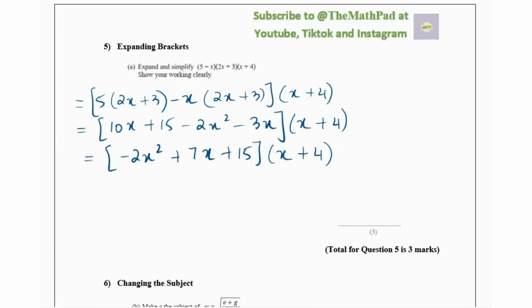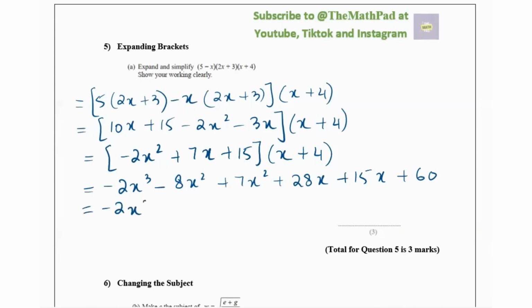Now we expand these brackets. So that's going to be negative 2x cubed, negative 8x squared plus 7x squared plus 28x plus 15x and then plus 60. So now we collect the like terms.